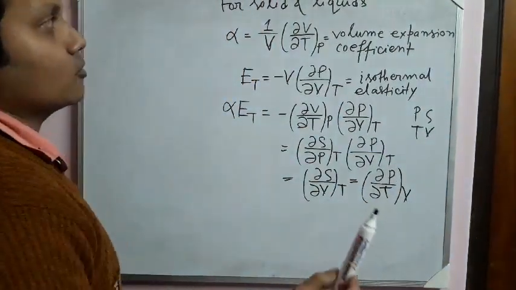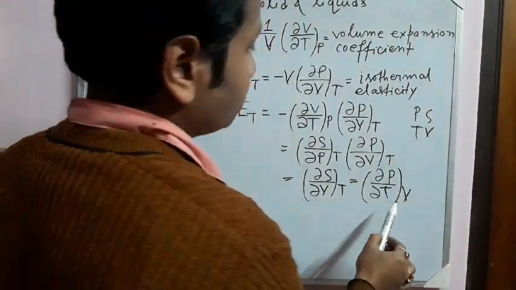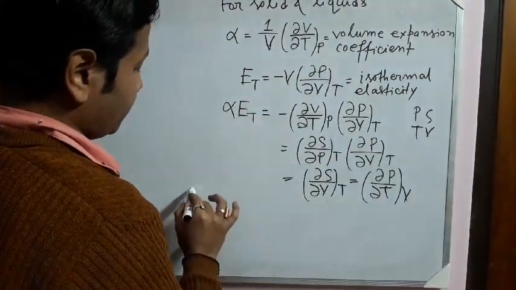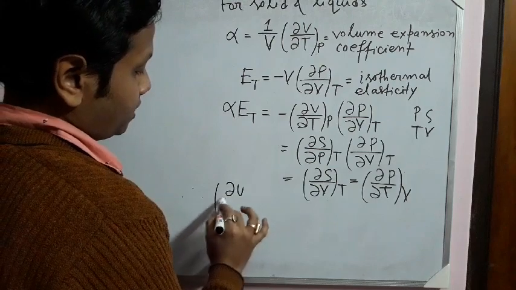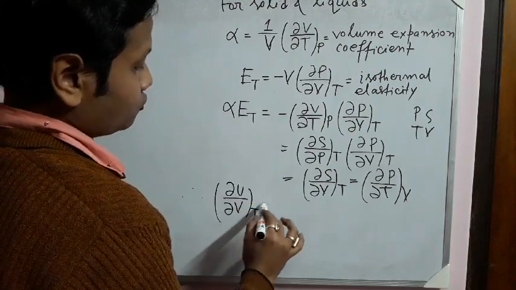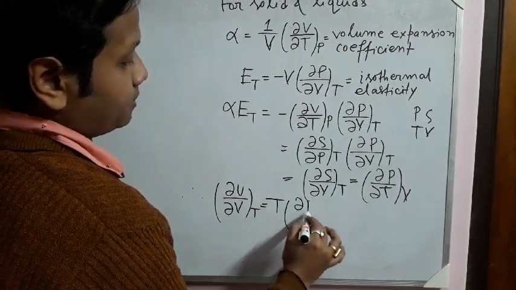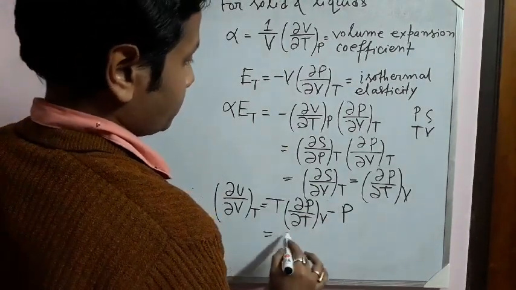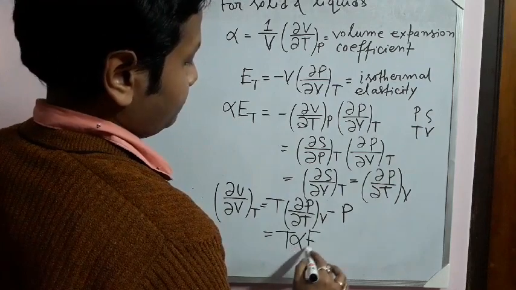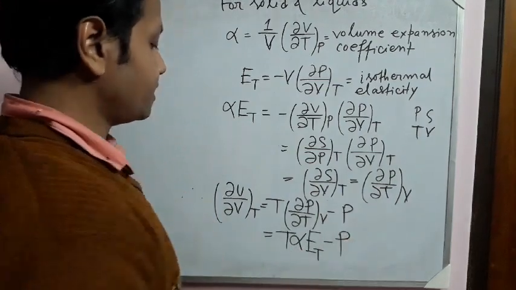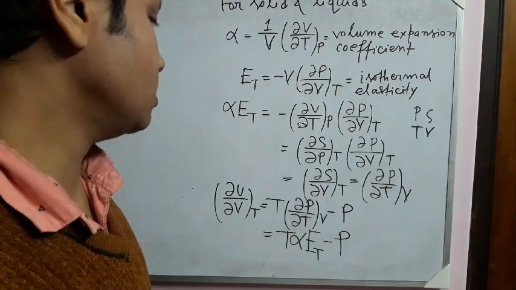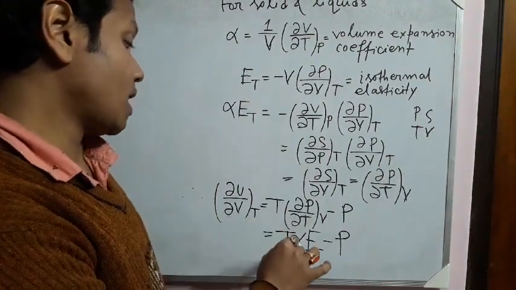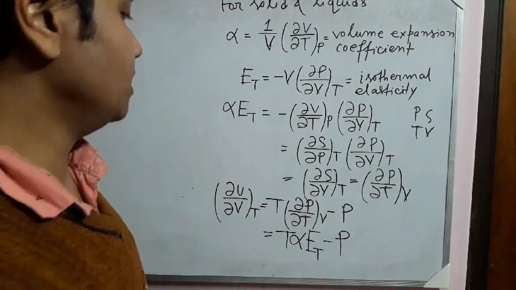So for solids and liquids, this term can be represented as the product of alpha and ET. So (del U/del V) at constant T equals T into (del P/del T) at constant volume minus P, which is T alpha ET minus P. So it depends on alpha and the isothermal elasticity.